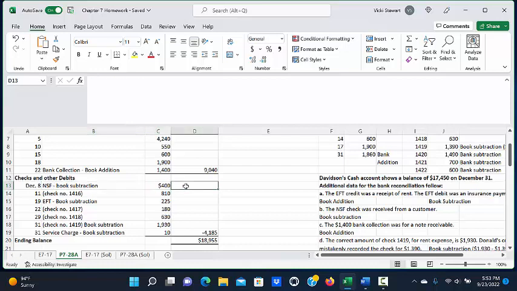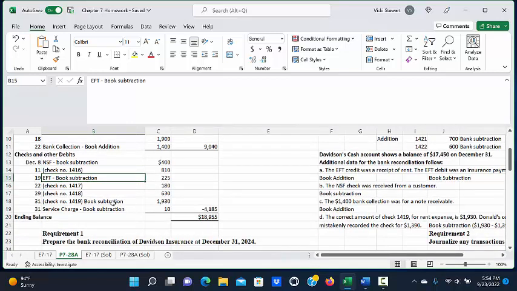So we will have to include that on the bank reconciliation as a book subtraction. Next, we see an EFT debit that came out of our account for $225, and the problem tells us that that was for an insurance payment. So that also will be a book subtraction.